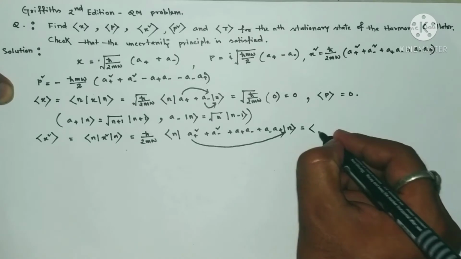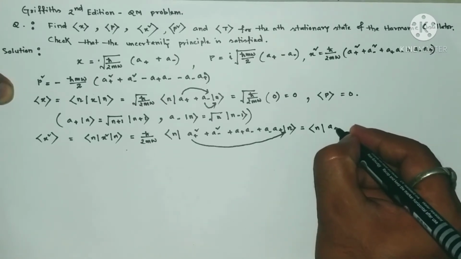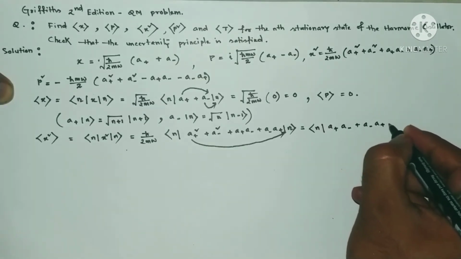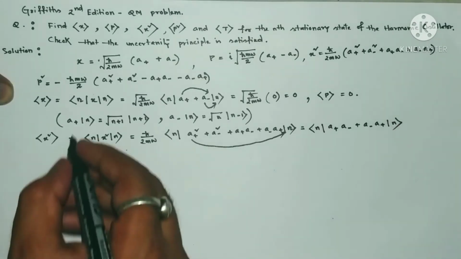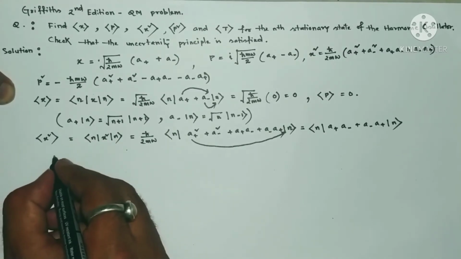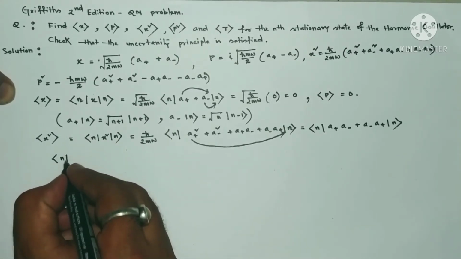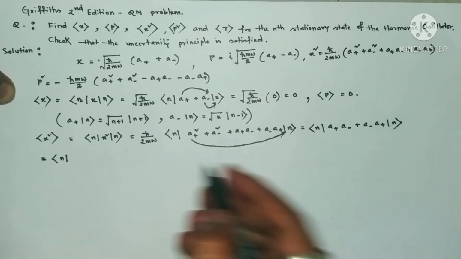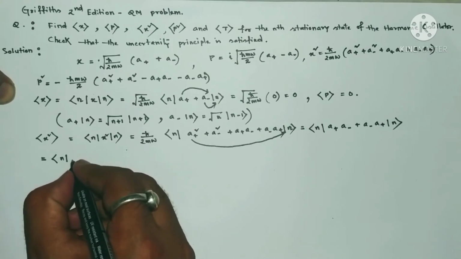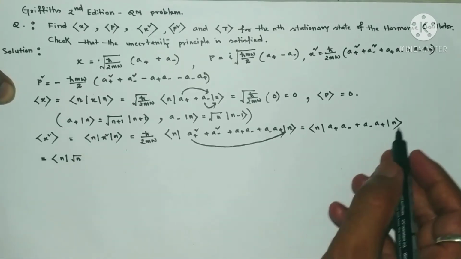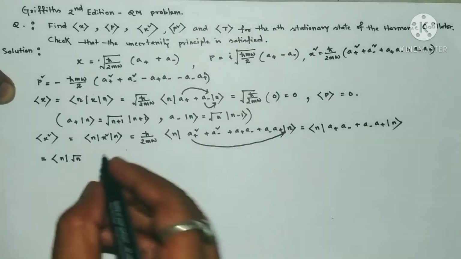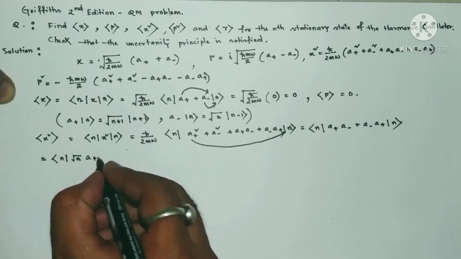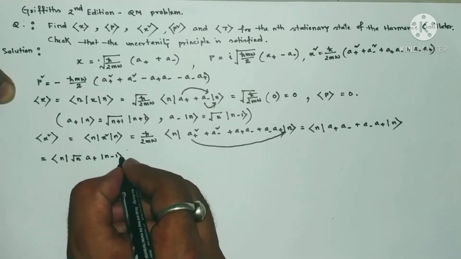Next we have bra n, a plus a minus, operating on n. Now we will see here: when a minus operates on n, it will be giving under root n, and the state will be n minus 1, right? So we will write a plus here, and it will be n minus 1.